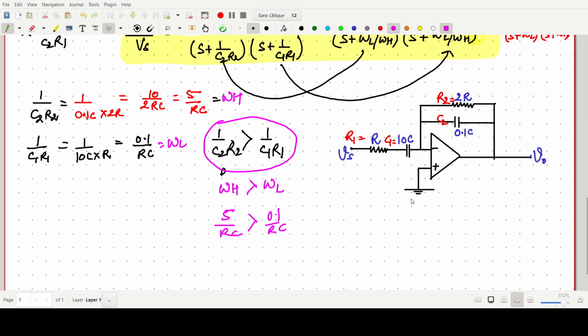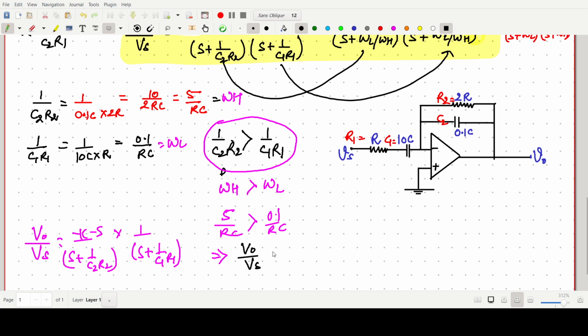Now V naught by Vs: 1 by S plus 1 by C2 R2, minus K times S into 1 by S plus 1 by C1 R1. So from this one we can write V naught by Vs minus Ks, no need to worry, S plus 1 by C2 R2, which is nothing but simply omega H, and this one is S plus omega L. Yes or no?